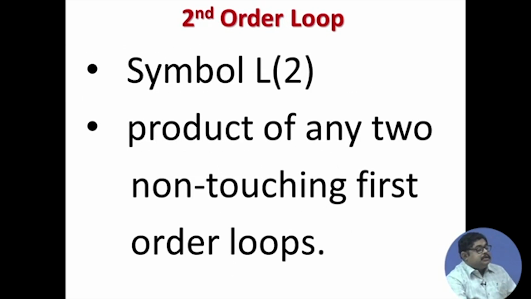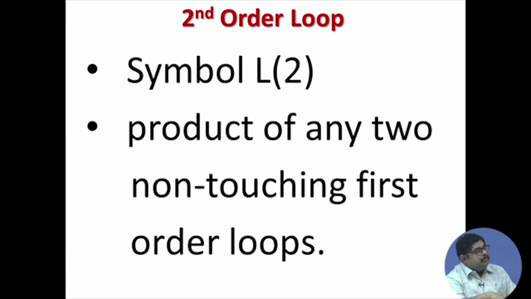Then there is the second order loop. The second order loop is the product of any two non-touching first order loops. First we have seen loops, all loops we call in general first order loops. Now, out of that, a second order loop means the product of any two non-touching first order loops.